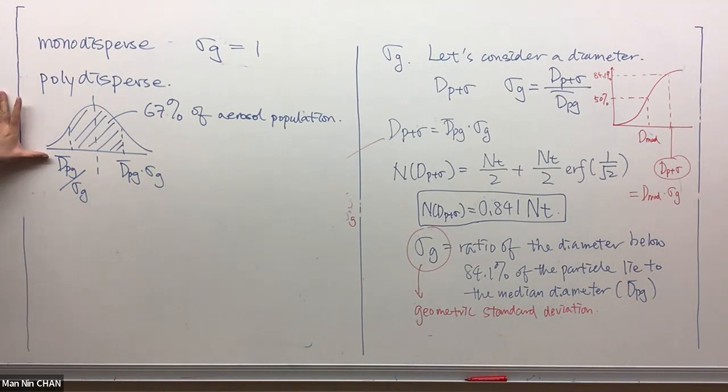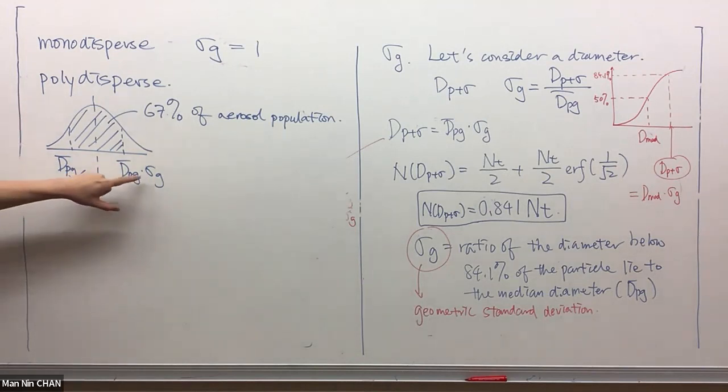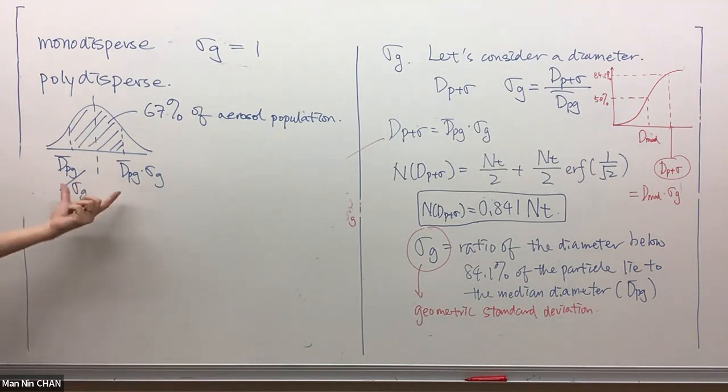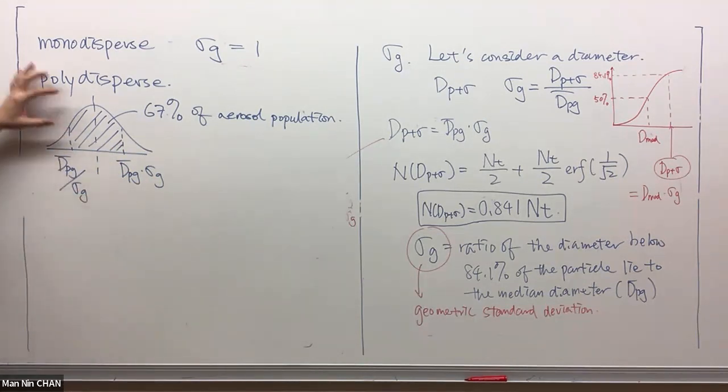You can take your median diameter times this sigma g, or your median diameter divided by your sigma g. If you look at your aerosol population within these two particle sizes, that will give you about 67% of your particle population or your aerosol population.